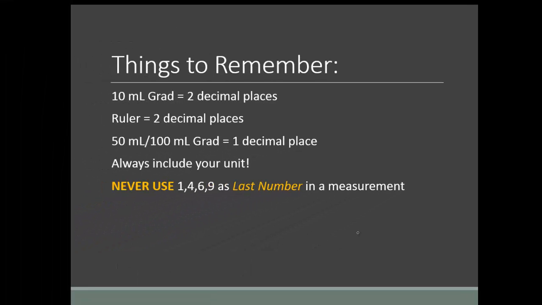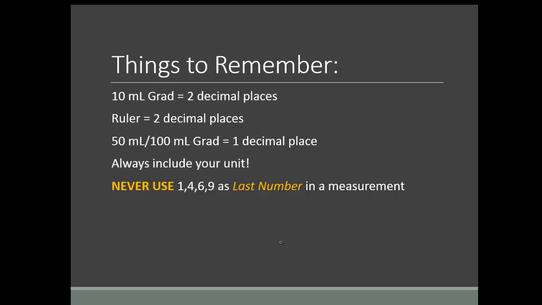So some things to remember. If you are using a 10 milliliter grad, you have 2 decimal places, just like if you are using the ruler. So little lines, estimate. If you are using the 50 or 100 milliliter grads, you only have 1 decimal place. That's because there's no little lines. We read all of them and then we estimate.